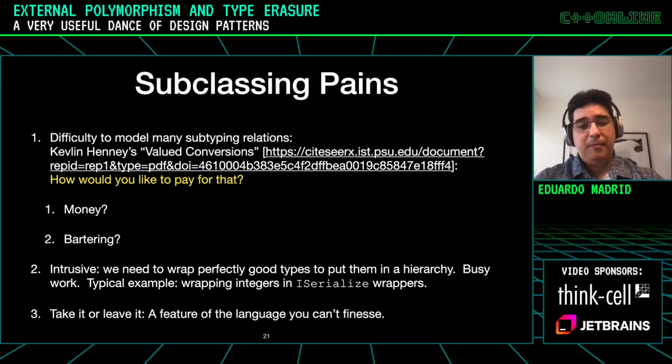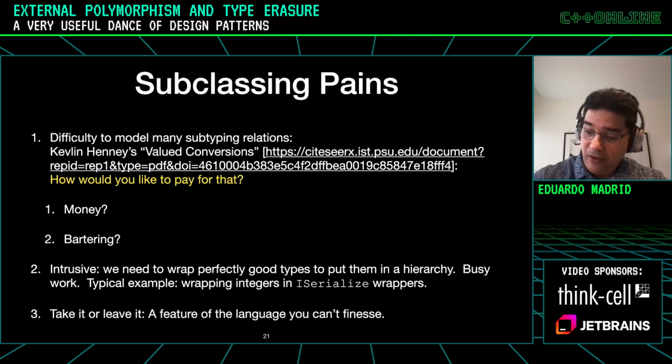That perfectly well done types, like for example, an integer, the most basic int type in C++, has to be wrapped into a wrapper that inherits from the correct base classes. And this happens quite often, like for example, when we identify a need for substitutability or subtyping, typically like the many forms of serialization that many applications in many teams all over the world have attempted to serialize things in their own unique ways.